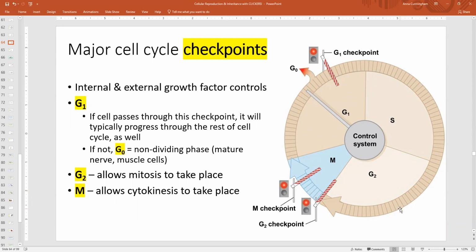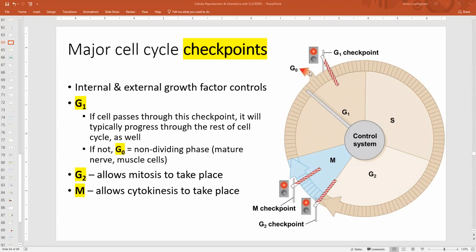Checkpoints, you can see on this figure, are basically where we go from G1 to S. That's called the G1 checkpoint. Or if you go from G2 to M, that is called the G2 checkpoint. And we actually have a checkpoint in the middle of M. So if a cell is actively dividing, we can actually tell it to stop, right? And so that's called the M checkpoint.